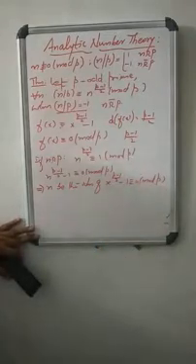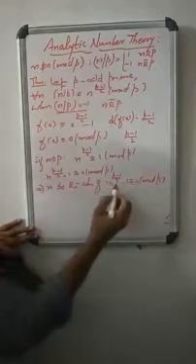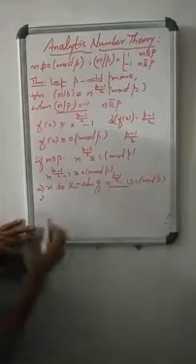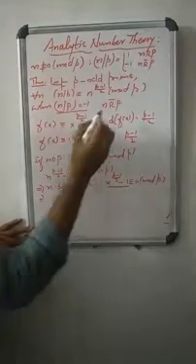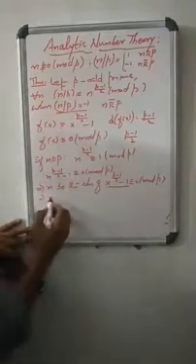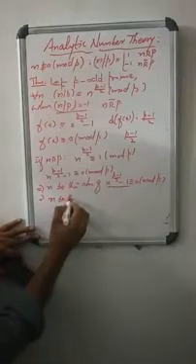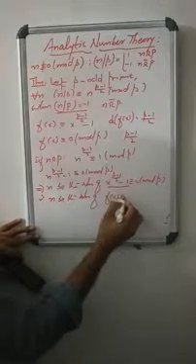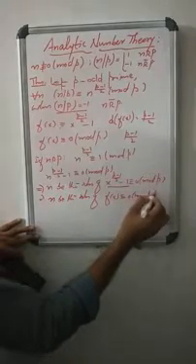That means x^((p-1)/2) ≡ 1 mod p, or x^((p-1)/2) - 1. What is actually x^((p-1)/2) - 1? That is the given polynomial. Therefore, n is a solution of this f(x) ≡ 0 mod p.